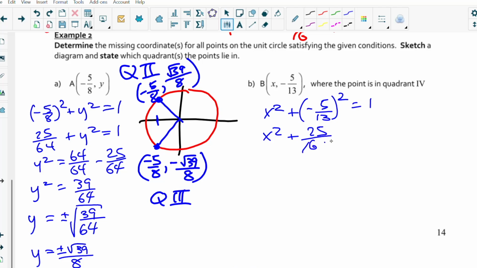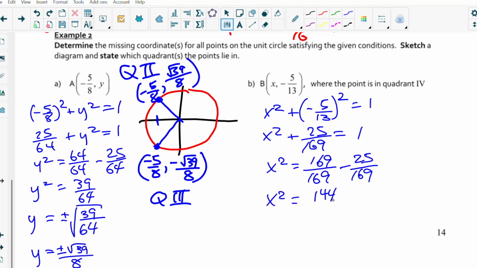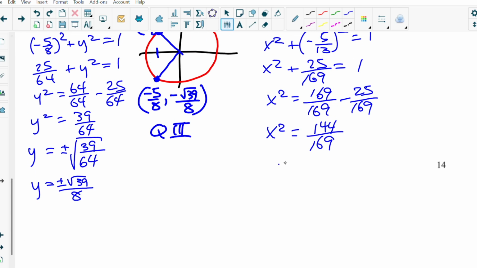That's x squared plus 25/169 equals 1. That's x squared equals 169/169 minus 25/169. That's x squared equals 144/169. That's x equals plus or minus the square root of 144 over 169.